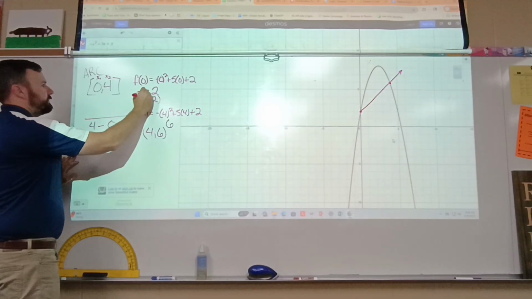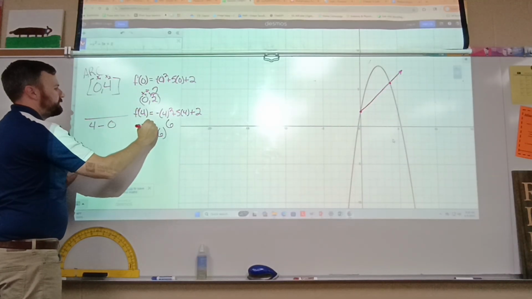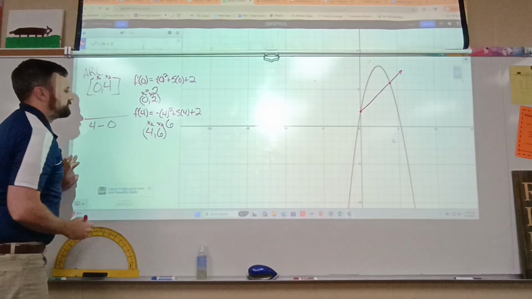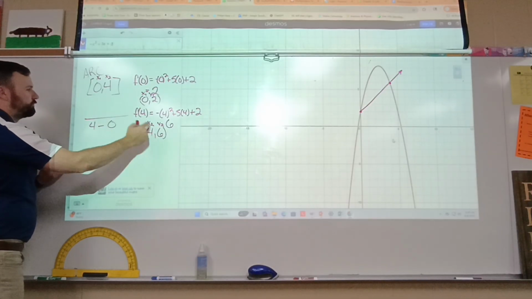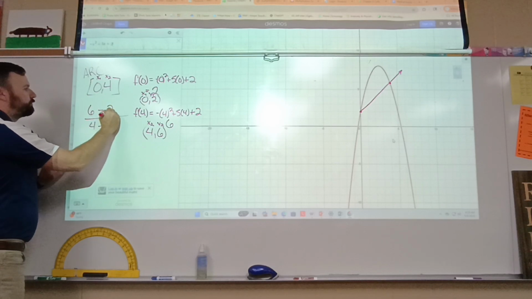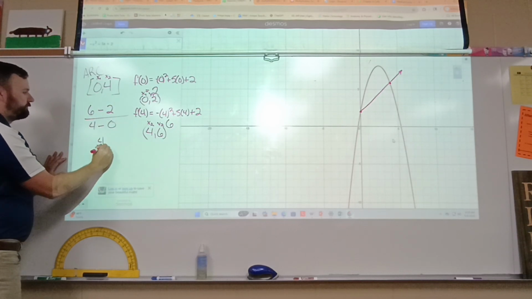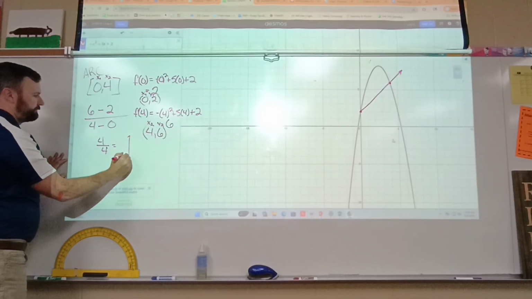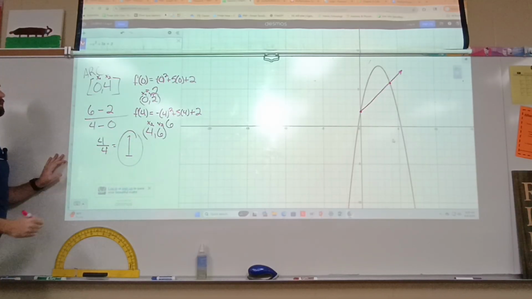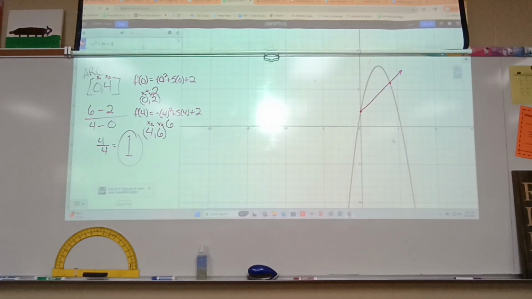And now from here, I have an x1, y1, and an x2, y2. So I do the slope formula. y minus y over x minus x, 4 over 4, 1. So what's the slope of the line between those 2 points? 1.